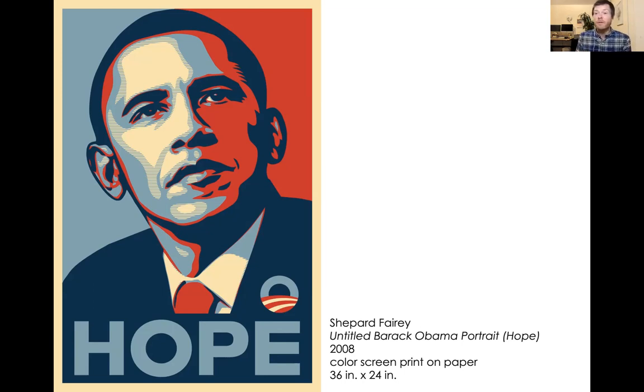I would say this almost becomes an ideographic writing system. We have this alphabetic type that says "hope," and then this image of Barack Obama who represents all of these ideals. This portrait could be seen almost as an ideograph, a picture that conveys a bigger concept, a bigger meaning.